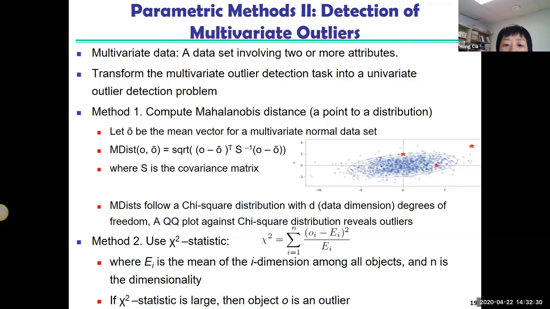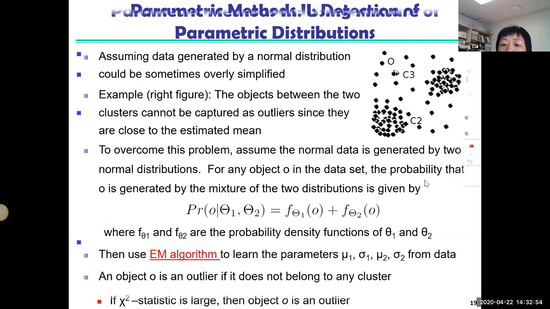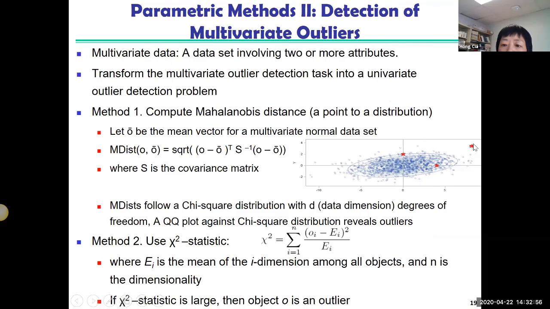Method one is to compute the Mahalanobis distance. The Mahalanobis distance measures the distance between a point and a distribution, that is, how different this point is from the distribution.